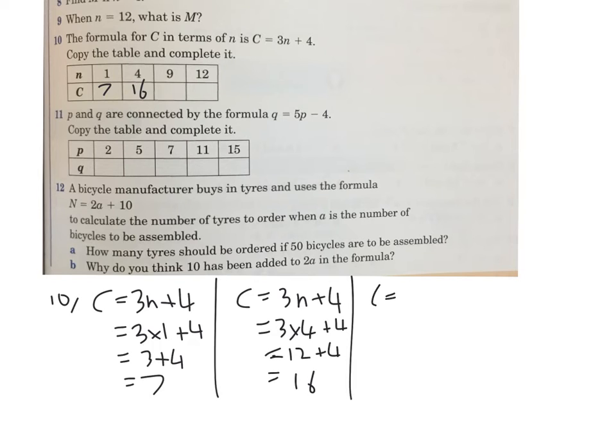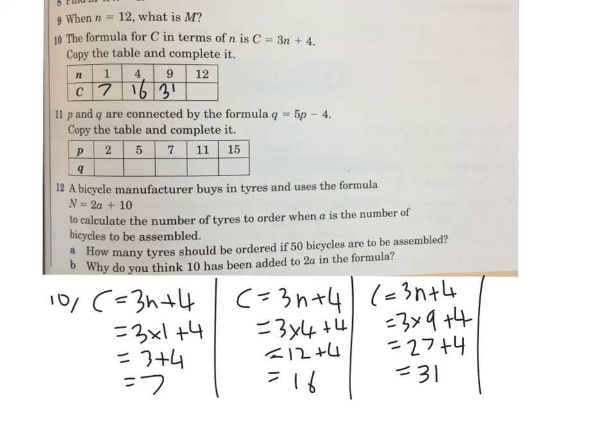Then repeat again, same formula. This time in the table, we want to know what c is when n is 9. So we put 9 into the formula for n. 3 9s plus 4. 3 9s are 27, plus 4 is 31. So 31 goes in.